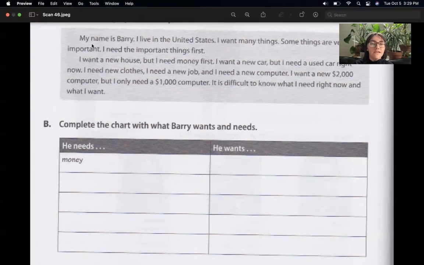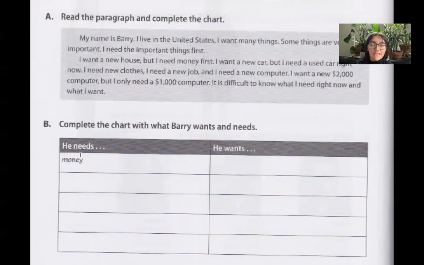So what we're gonna say is he needs money, but he wants a new house, right? Next thing, I want a new car, but I need a used car right now. So he says he needs a used car, but he wants a new car.